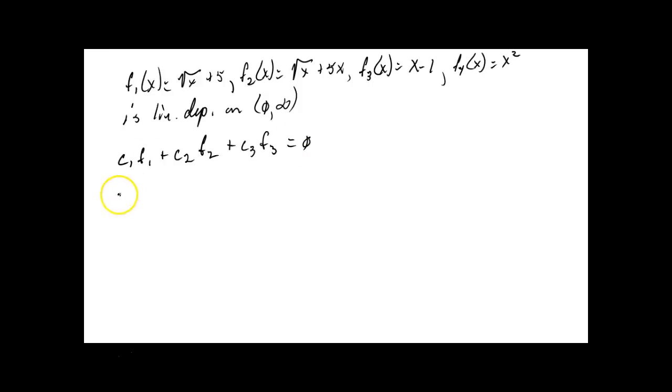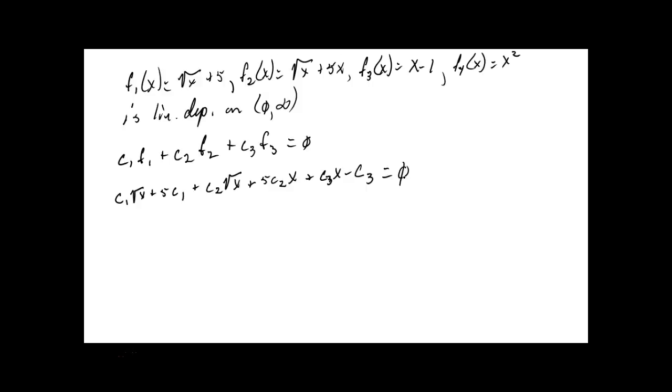So that'll be C1 square root of x plus 5C1, that's C1 f1, plus C2 square root of x plus 5C2x, plus C3x minus C3. See if we can come up with that equal to 0 for some selection of the C's.